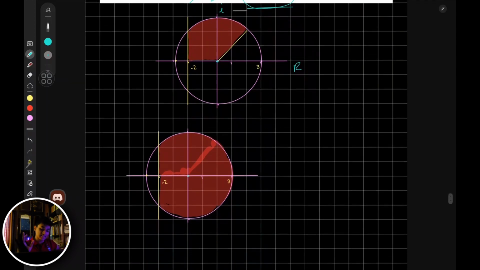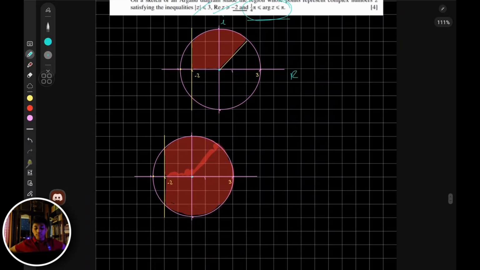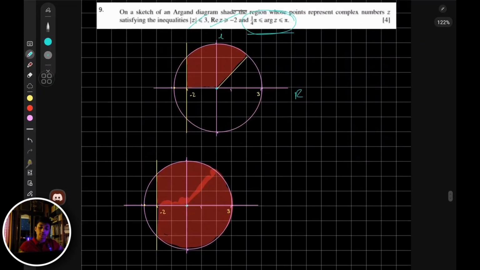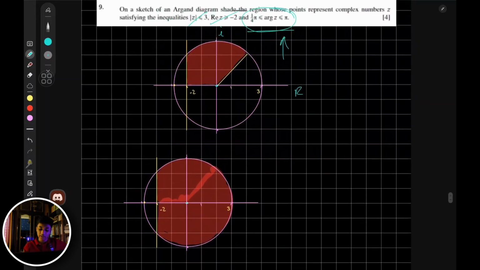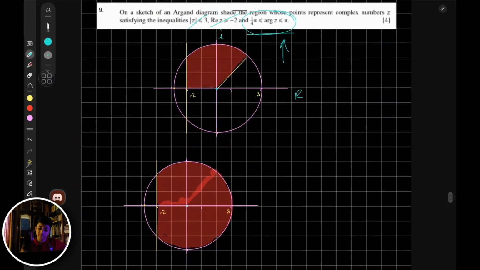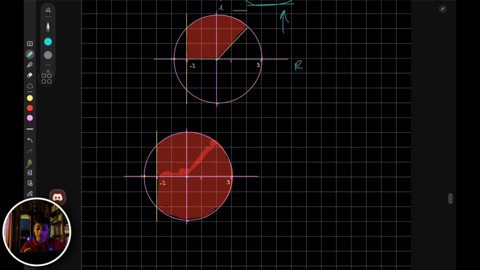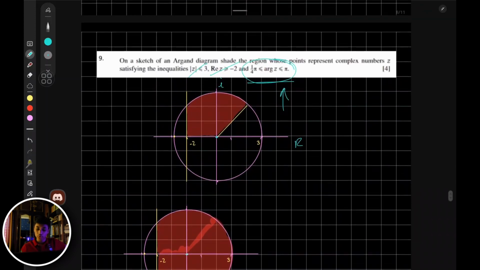So if that is the case, you know that z can be anywhere in this shaded region. Granted, you're still not using this inequality. So now from this shaded area, they're telling you that the argument of z can be anywhere in this shaded area, but it should make a theta or argument of pi by 4 to pi.